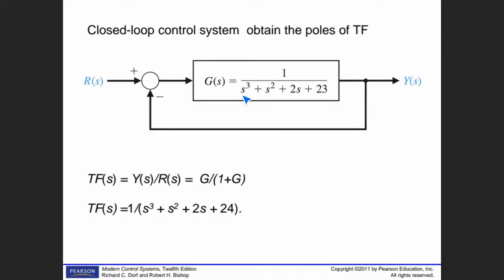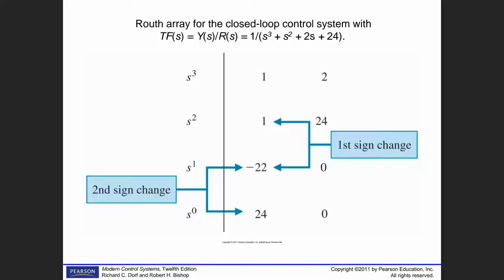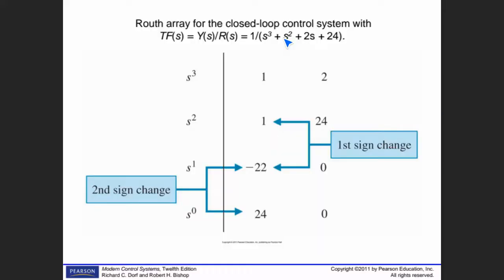You remember that. We obtain the transfer function first, and then the transfer function denominator, in other words the characteristic equation, is solved, and then you write down, if you look here, s to the power 3 is 1, s square is 1, then 2s is 2, and the constant is 24.